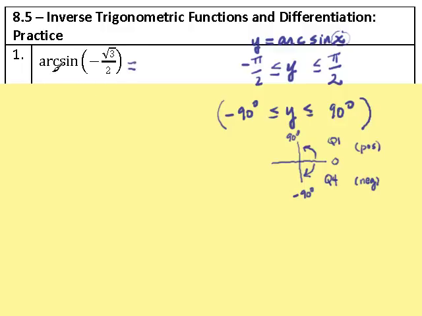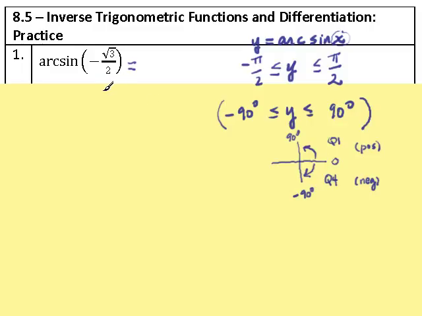Let's look at the first example. We want to know what angle has sine minus root 3 over 2, and the angle must be in this range. So it can't be in quadrant 1 between 0 and 90, because sine values are positive there. So it must be between 0 and minus 90 degrees.